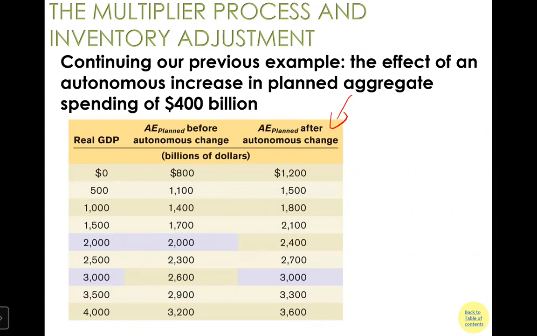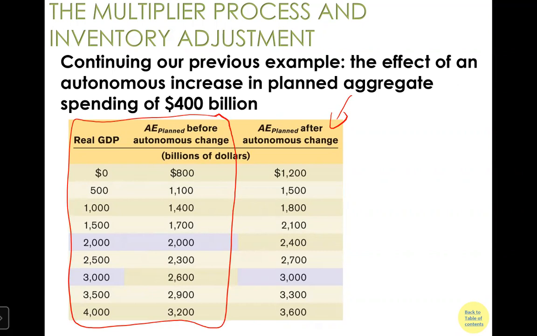We start with the first two columns. These two columns show us how aggregate expenditure will adjust with real GDP.